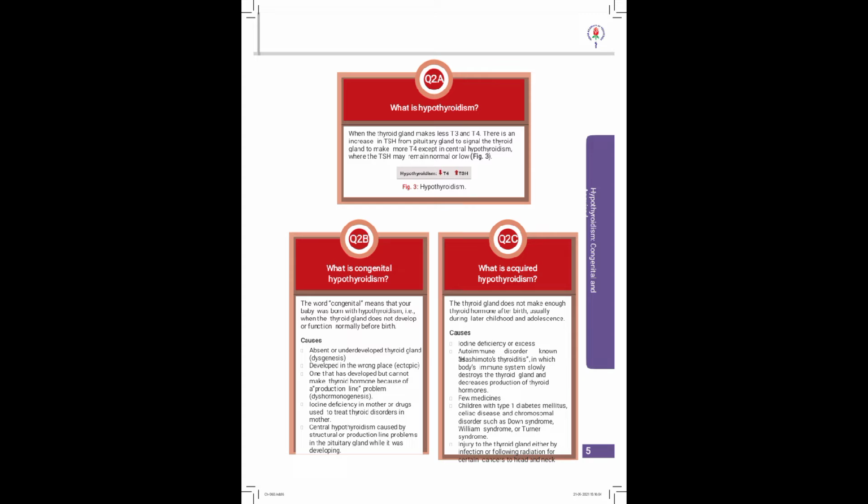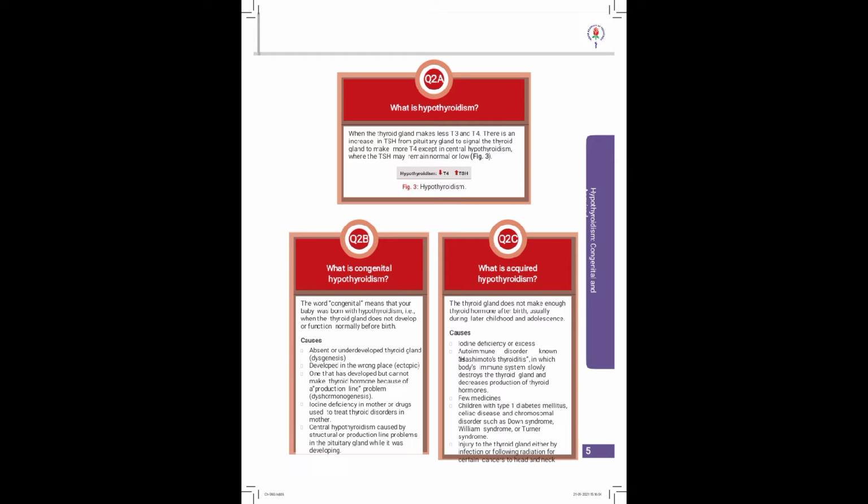Now, hypothyroidism is mainly of two types. It can be congenital hypothyroidism or acquired hypothyroidism. Congenital hypothyroidism means the baby is born with hypothyroidism, that is, the thyroid gland does not develop or function normally before birth.